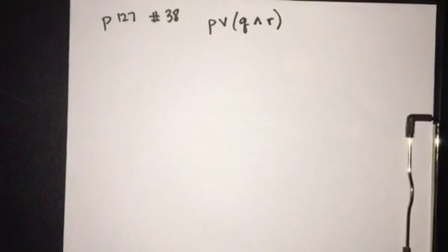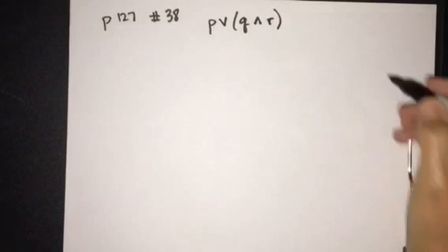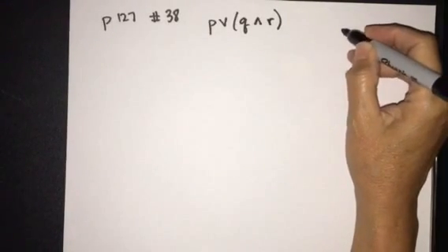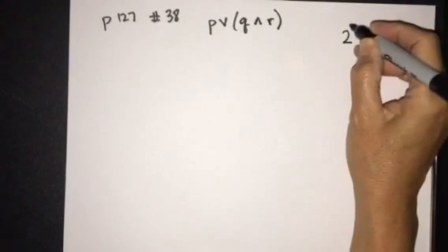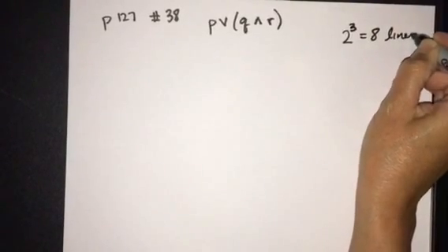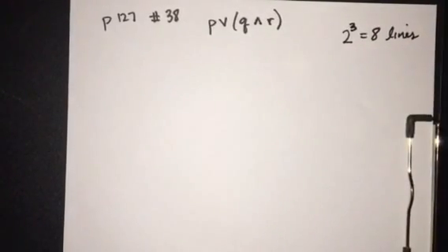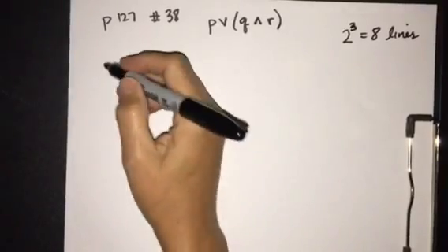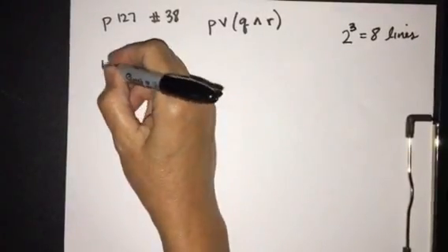I'm seeing here I have three statements, P, Q, R, that build this problem. Since there are three statements, that means I'm going to have 2 to the third, which is 8 lines in the truth table. This does not count the line that I used for the titles.